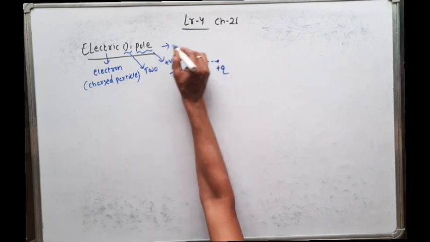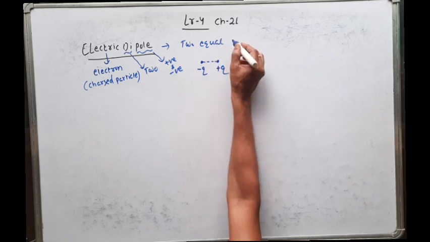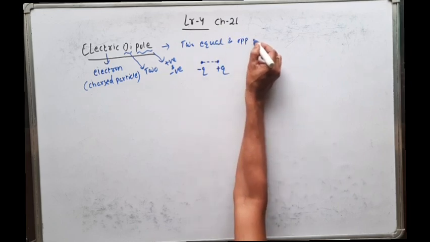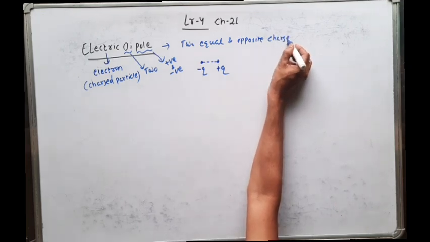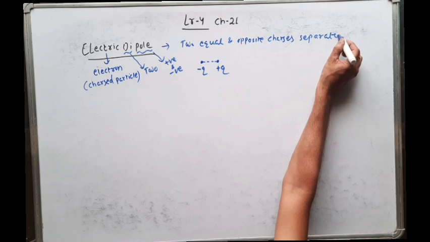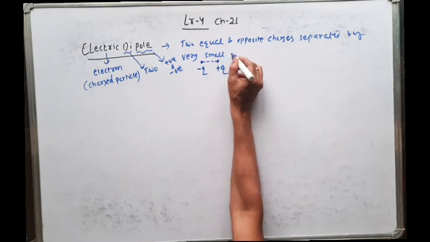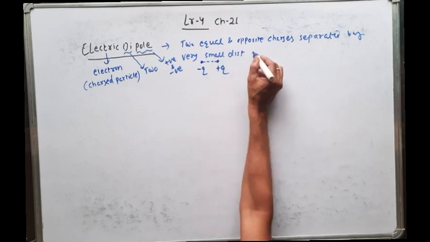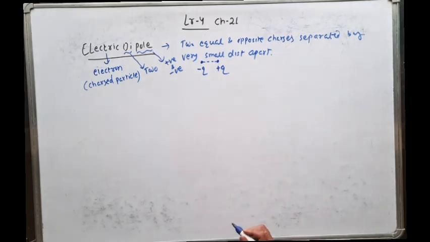What is electric dipole? Two equal and opposite charges separated by a very small distance apart is called electric dipole.